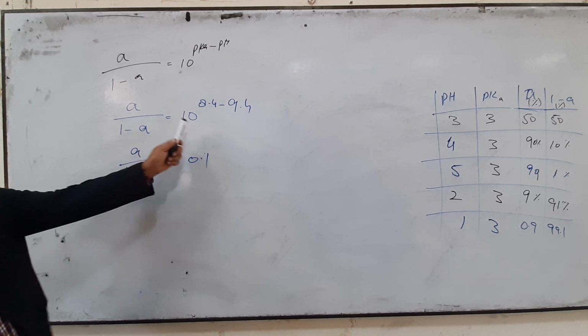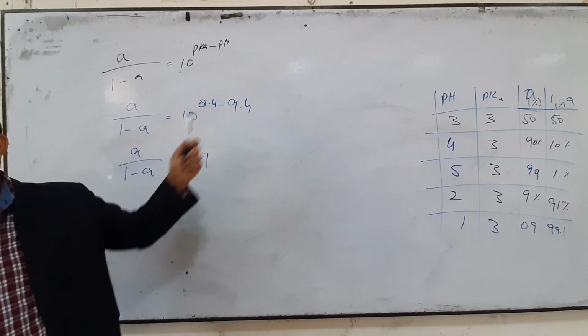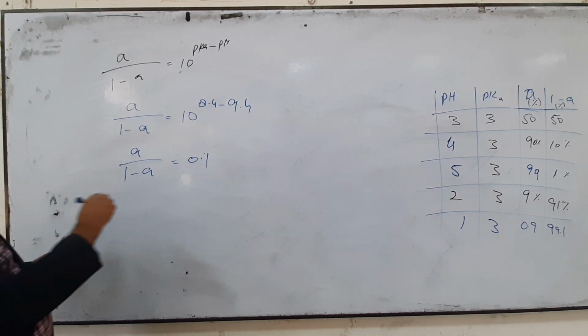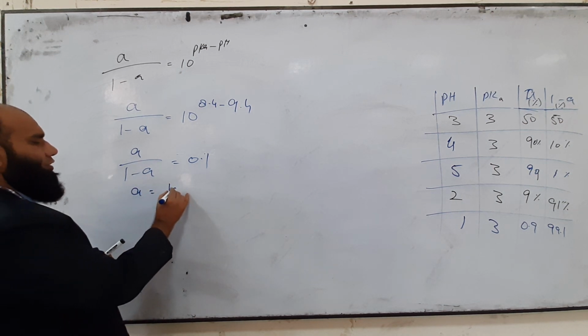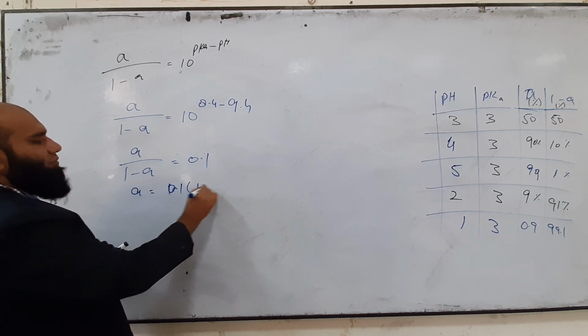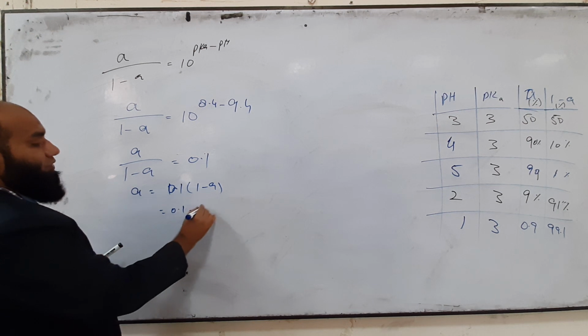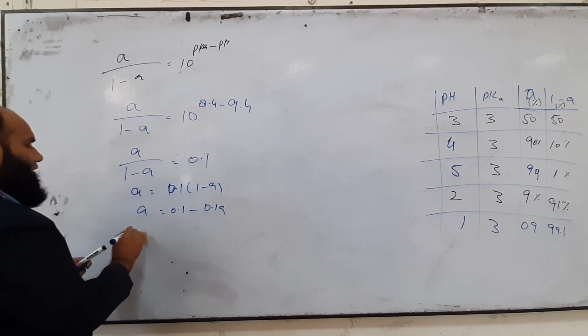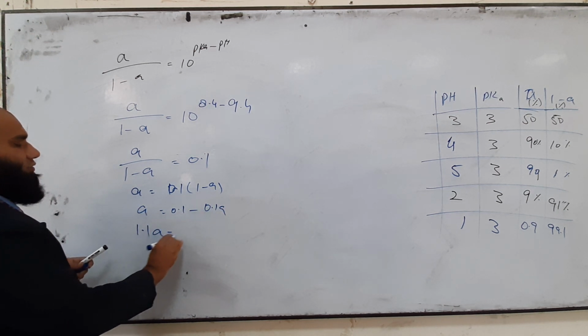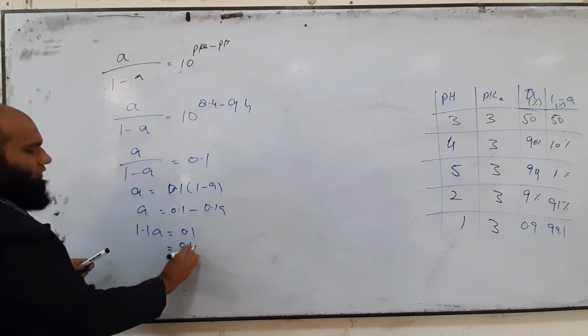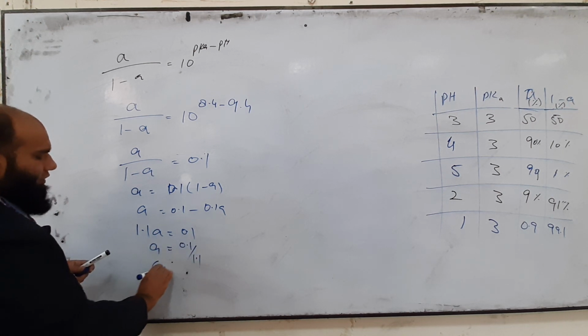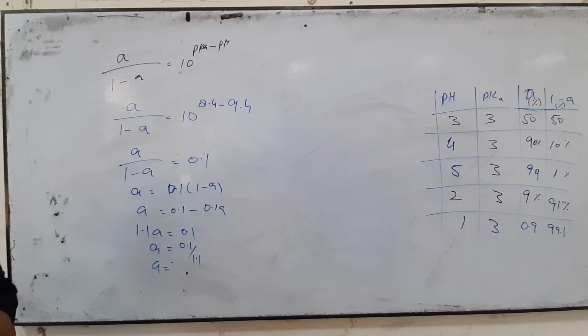Why 0.1? Because it is 10 raised to the power -1, which is 0.1. Okay, we will solve it. Ionized equals 0.1 times (1 minus ionized), so 0.1 minus 0.1 ionized, and 1.1 ionized equals 0.1. So 0.1 divided by 1.1, and the ionized concentration is 0.09.